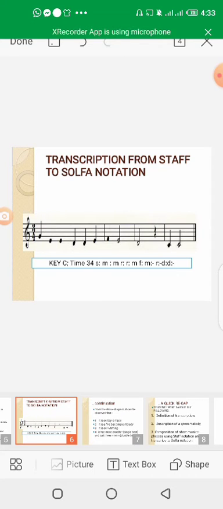The one above has been transcribed to the one below. So if we want to sing the song, we're going to sing it from the one below. Do, mi, re, mi, fa, mi, re, do.